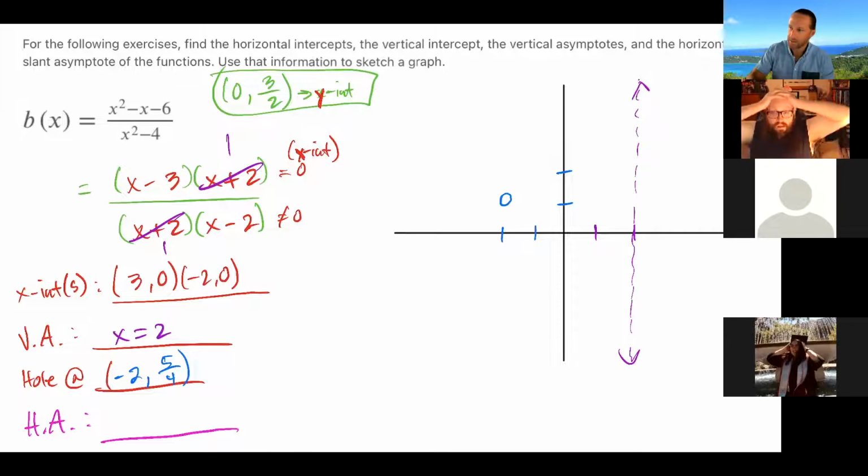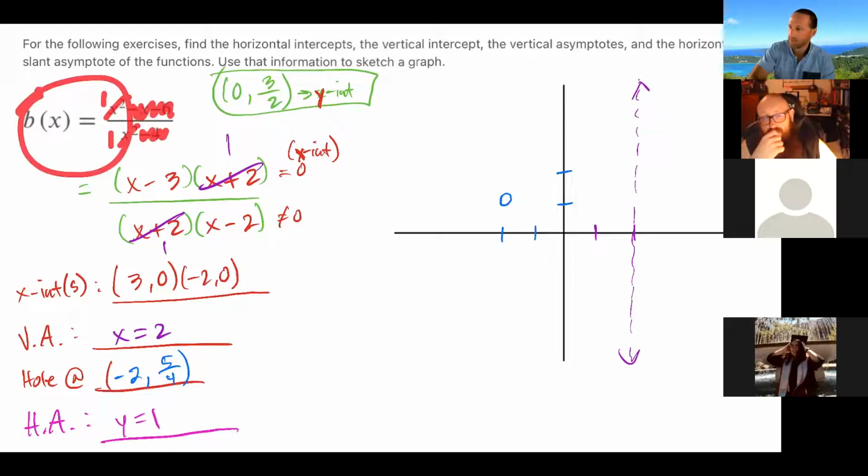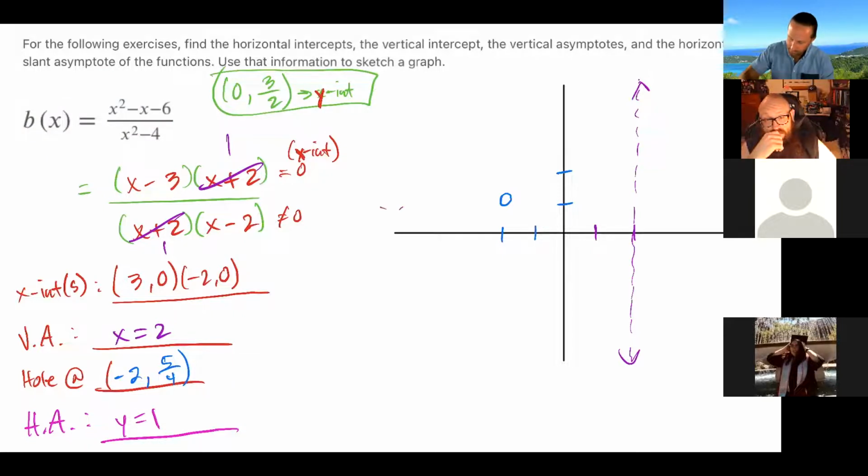It's a y line. And go ahead, Mel. y equals 1. How do you know it's y equals? Look, it literally shows you y is equal to 1. Boom. Where is y equal to 1? Right there.